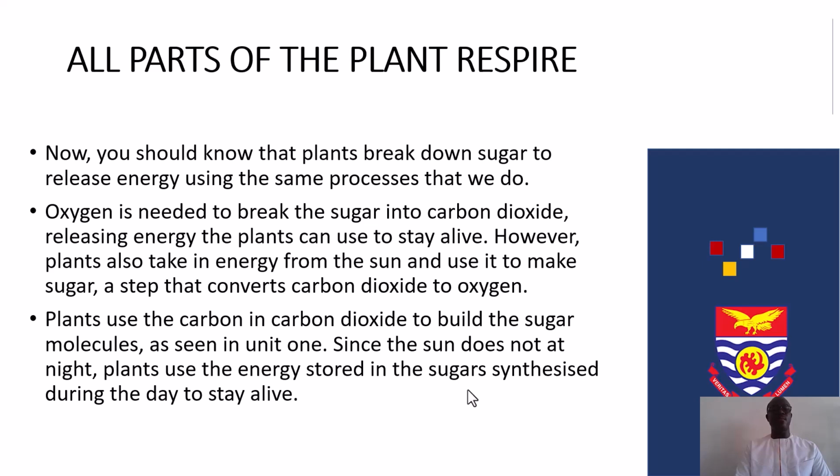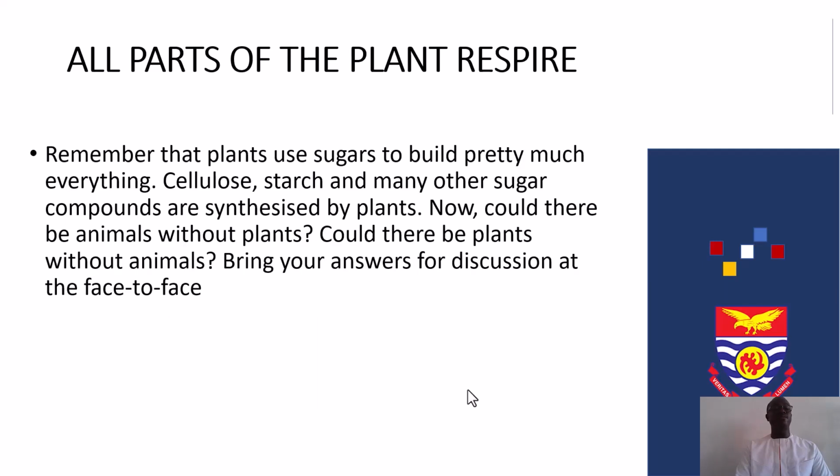Plants use the carbon in carbon dioxide to build the sugar molecules as seen in Unit 1. Since the sun does not shine at night, plants use the energy stored in the sugar synthesized during the day to stay alive. Remember that plants use sugars to build pretty much everything. Cellulose, starch, and many other sugar compounds are synthesized by plants.